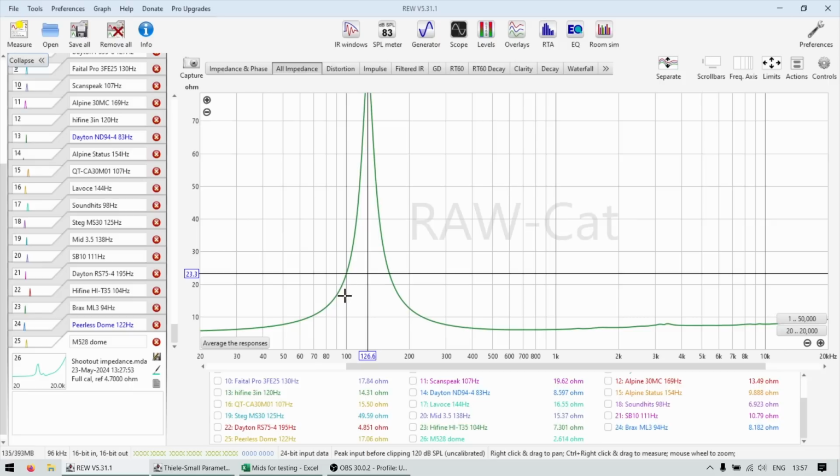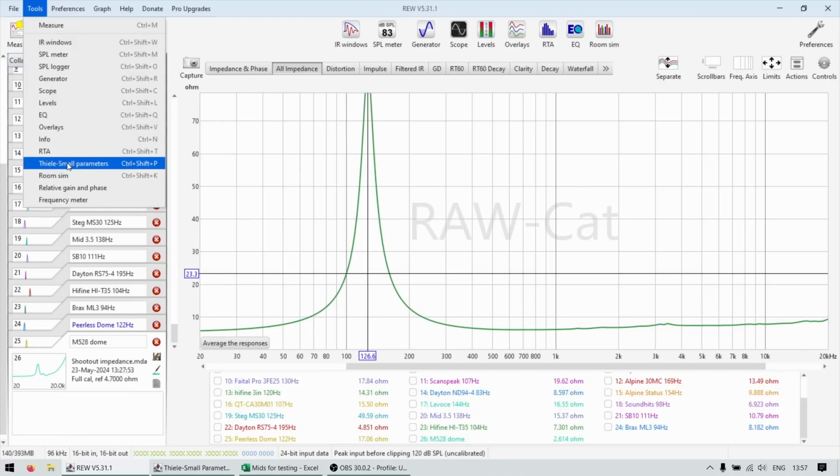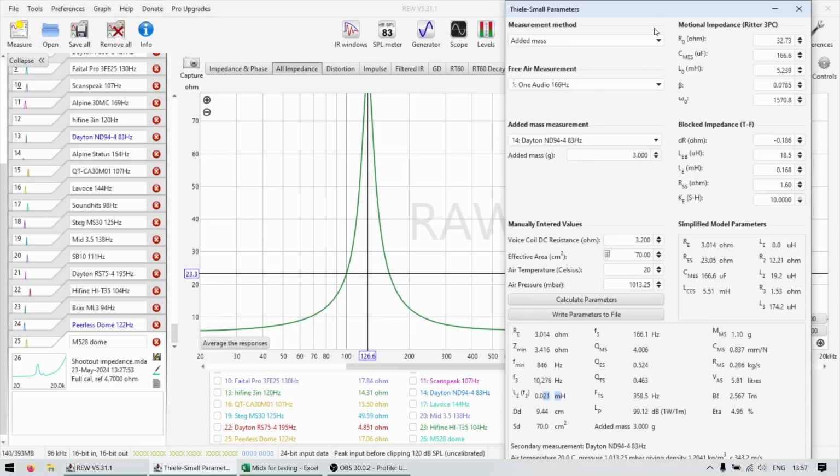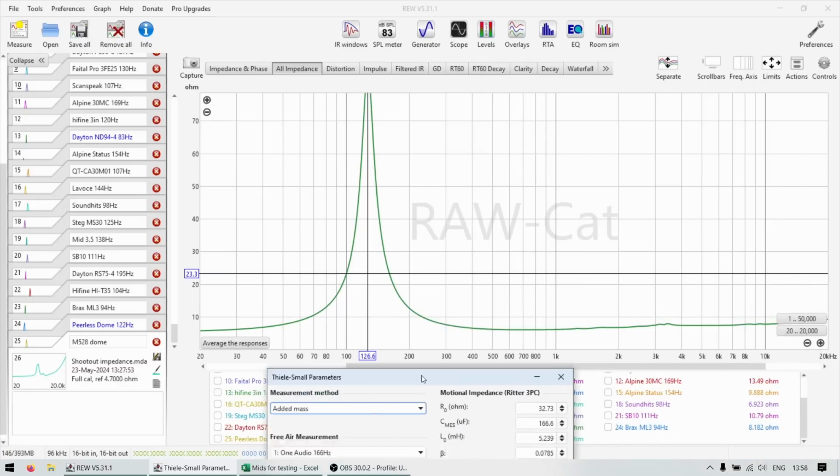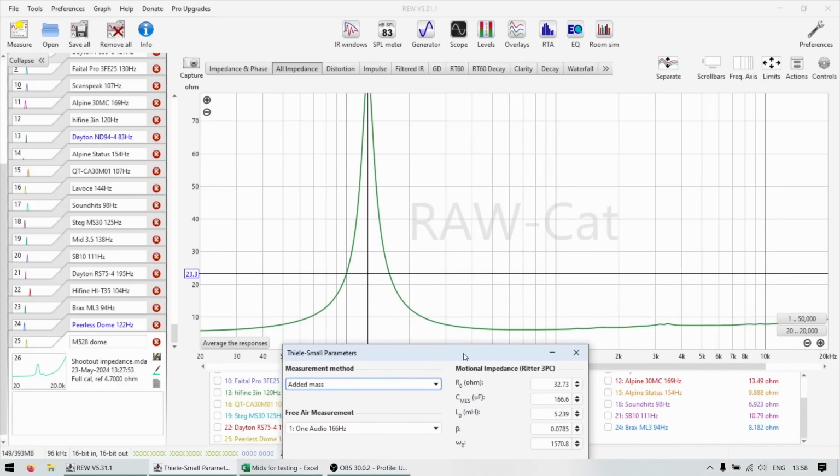You can technically calculate the Q and LE, but I'm using tools, field small parameters, and here is a page where REW calculates the TS parameters. However, most of these parameters will need either added mass or an enclosure. However, I'm cheating a little bit, just because some measurements do not require anything, and they're taken only from this one single impedance graph.